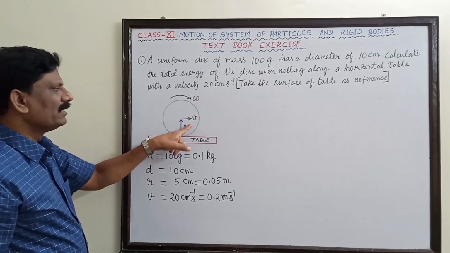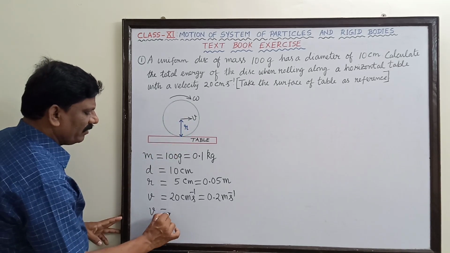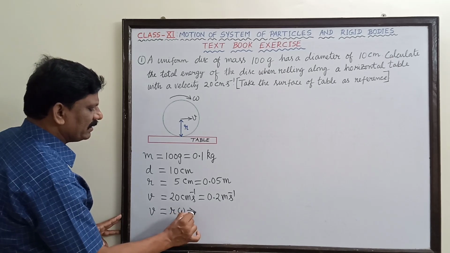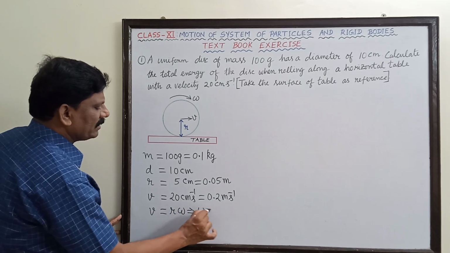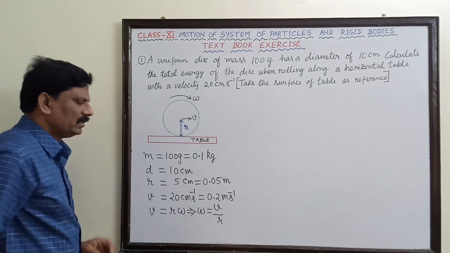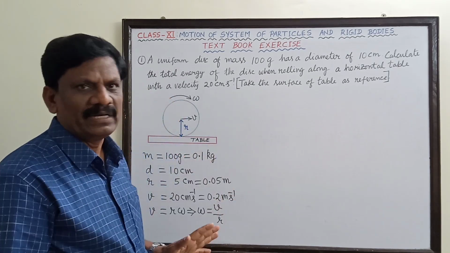It is related to the linear velocity by the expression v is equal to r omega. So this implies omega is equal to v by r. So these are all the required information we have grouped separately.